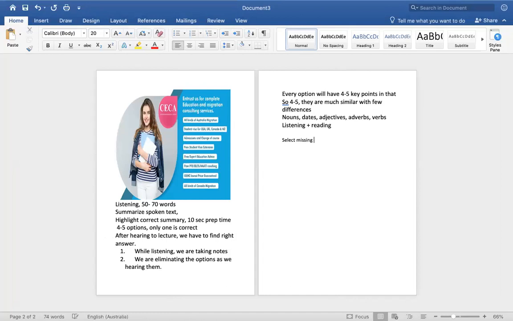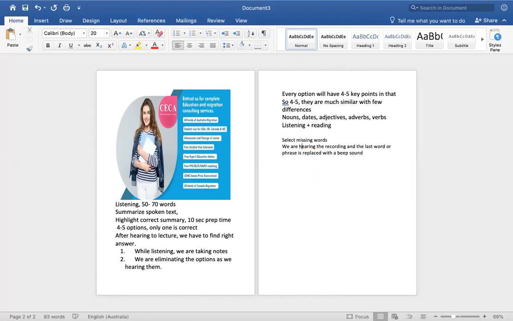We are hearing a recording, and the last word or phrase is replaced with a beep sound. That's what we call select missing word.